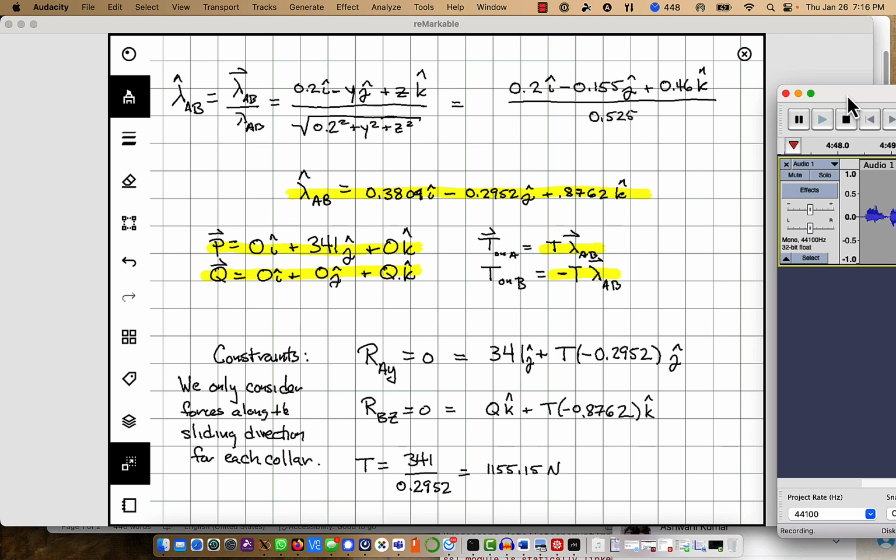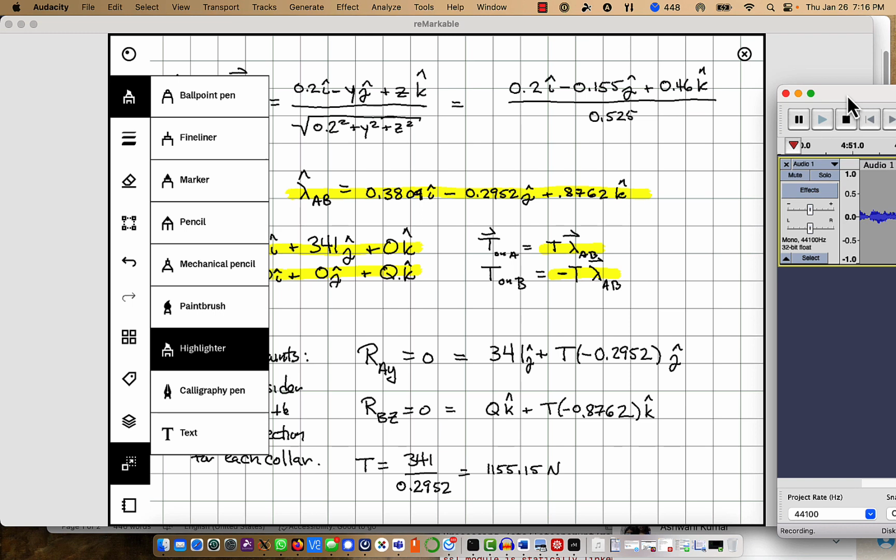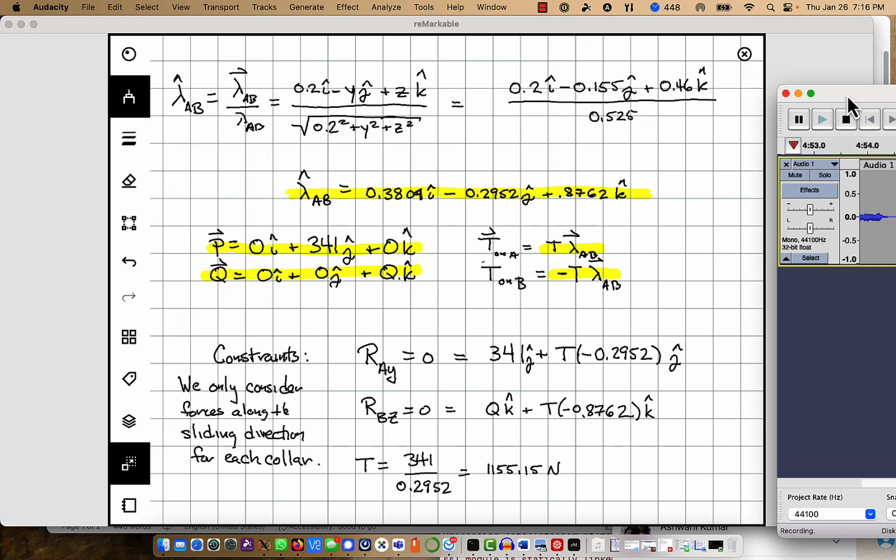Let's be a little more careful about our notation here. Because the force along that wire, it's pulling on A and pulling on B, right? Cables pull, so we have to change the directionality.